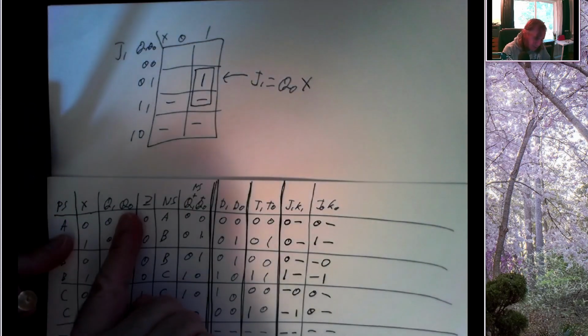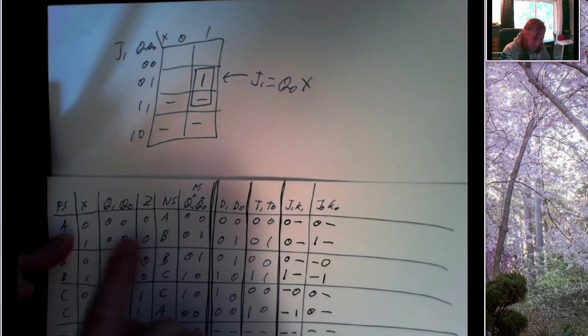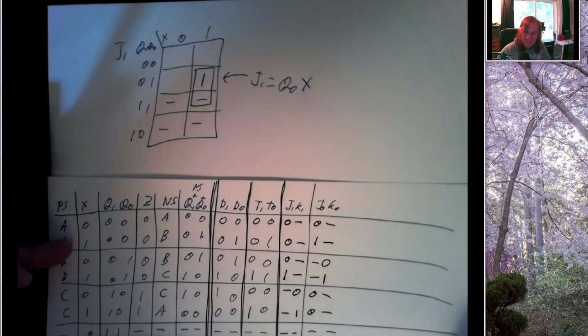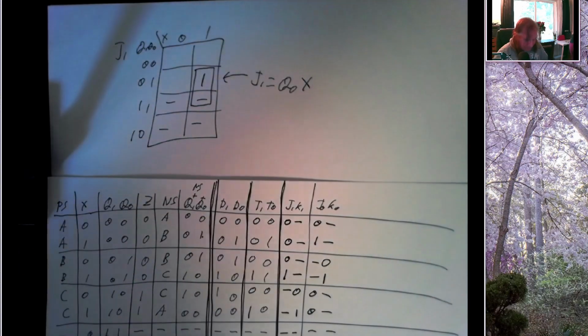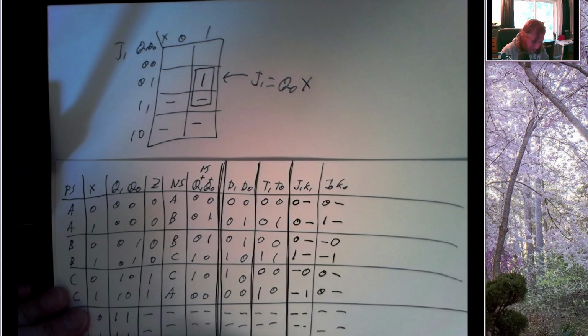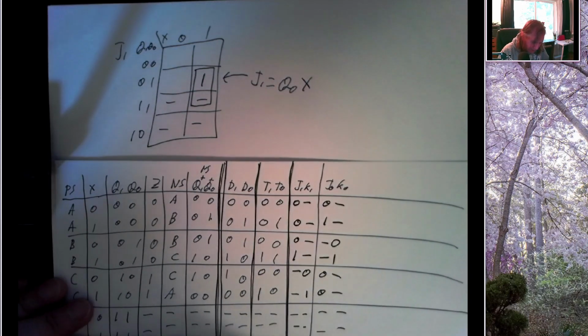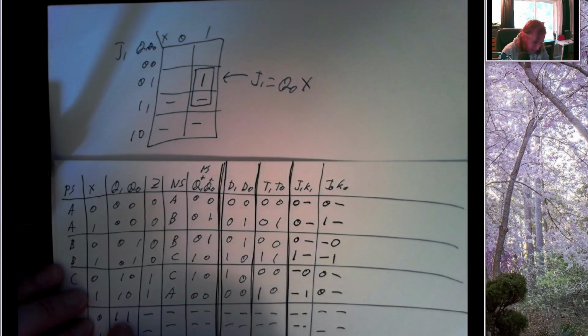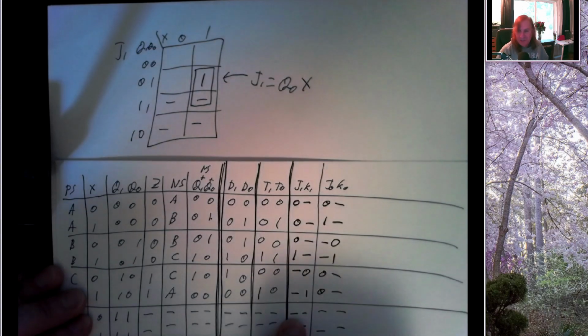Just take the current output of flip-flop 0, AND it with your input X. That gives us J1. And we can see, for example, that down here, Q0 ANDed with 1, this J input's going to be a 1. Up here, Q0 ANDed with X, this J input's going to be a 0, but that doesn't matter.